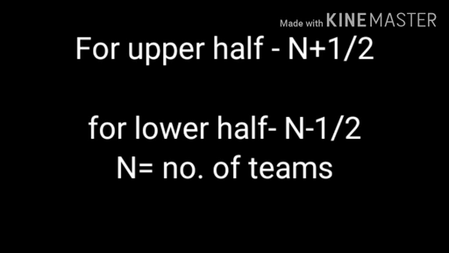So in the upper half, there will be 6 teams, and for the lower half, n minus 1 upon 2, so 11 minus 1 upon 2 is 10 divided by 2, which is equal to 5. So in the lower half, 5 teams will be there. So if the teams are 11, in the upper half 6 teams will be there, and in the lower half 5 teams will be there. I will give you another example.